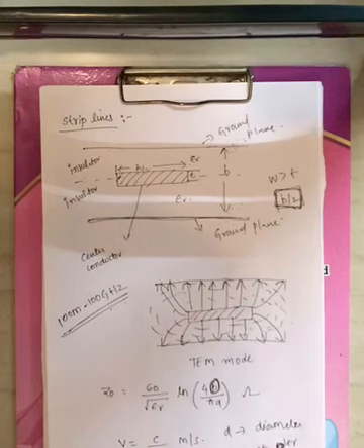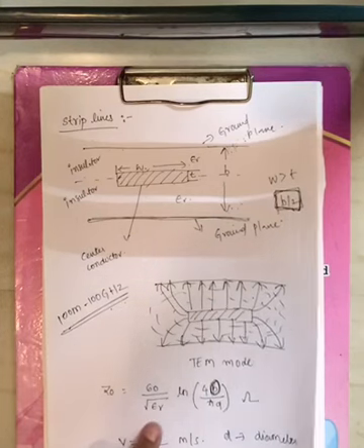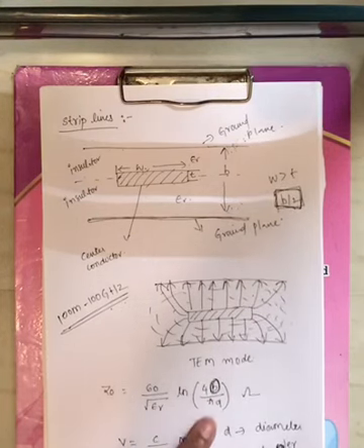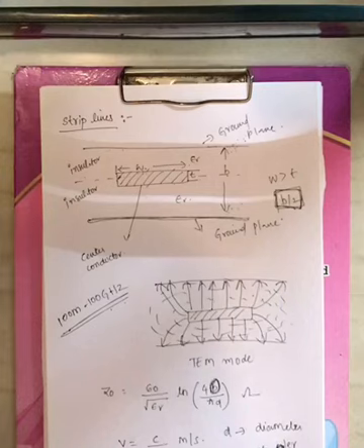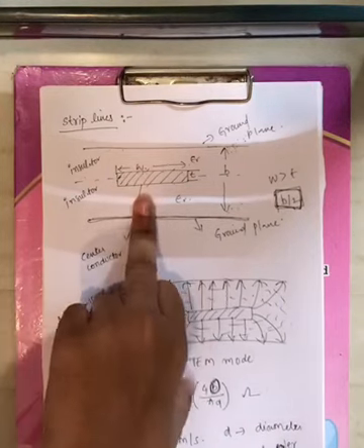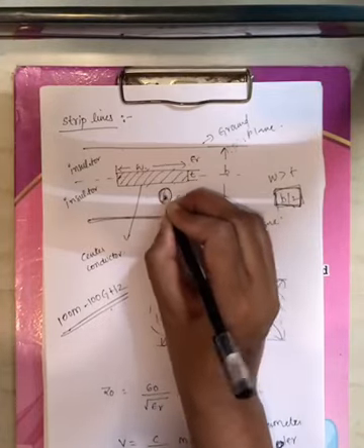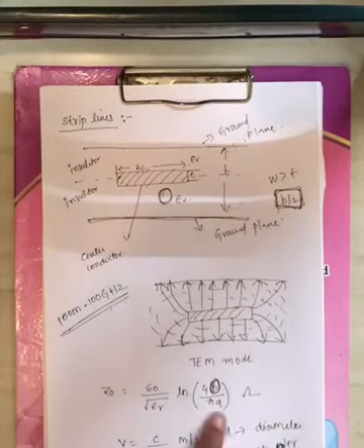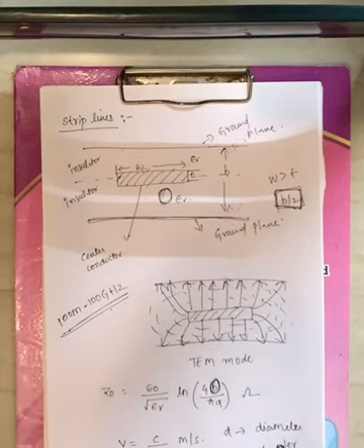This diameter is mentioned in the problem. Whether it is circular or rectangular, see here it is a rectangular conductor, but instead you can use circular also; the diameter will be mentioned. And the velocity of propagation is given by c by root of epsilon r meter per second. Now this is about strip lines, right?